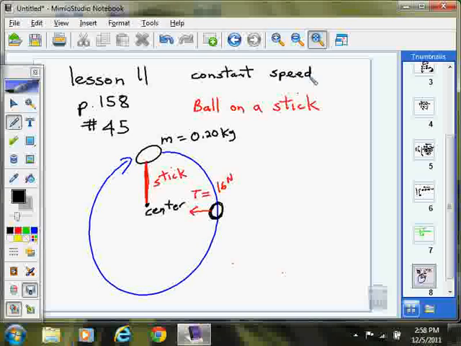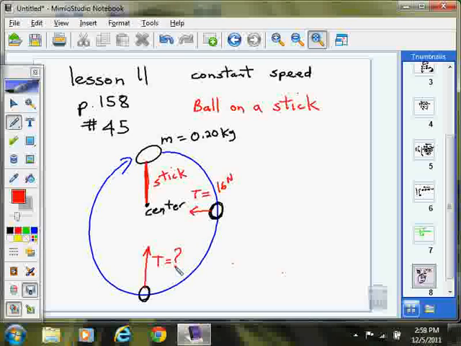So the question is, when the ball is at the 6 o'clock position down here, how much is the tension in that stick? If it was a horizontal circle, then if the tension was 16, it'd be equal to 16.